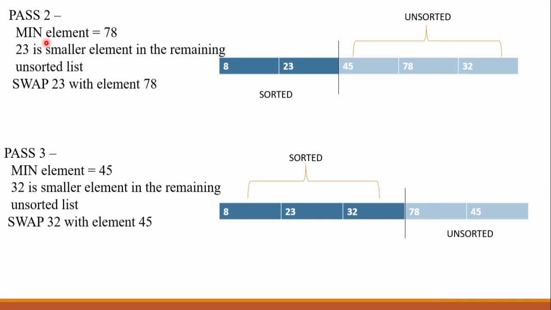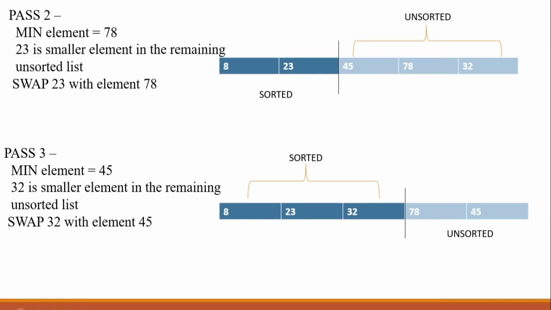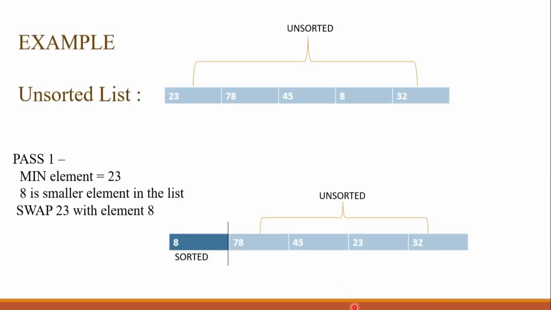So now pass 2. Now in the previous slide, what was the element at the second location? That was 78. So here we have taken minimum element is equal to 78. And in the rest of the part, what is the smaller element?